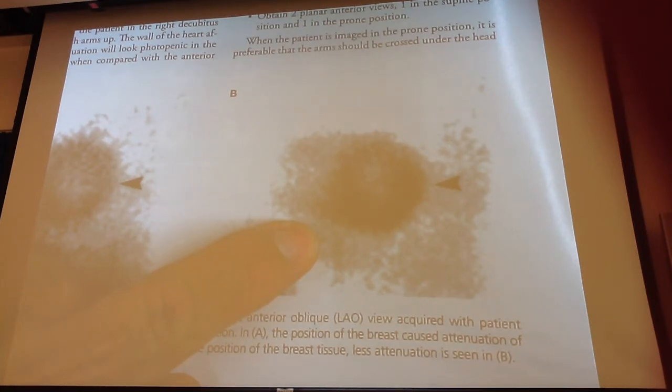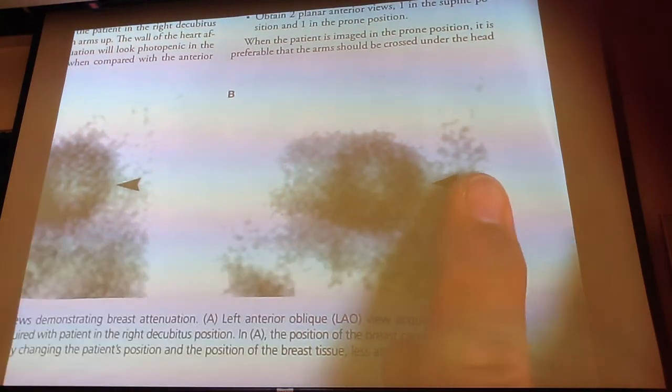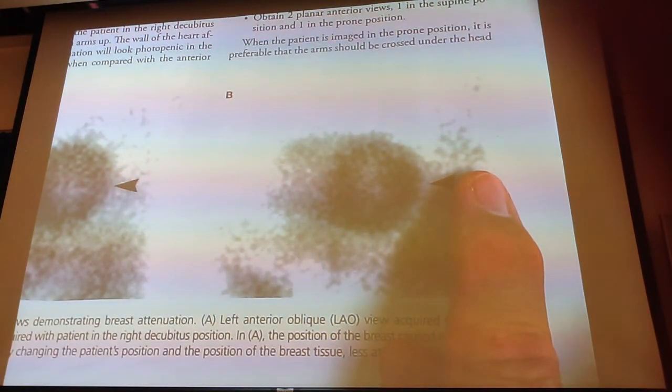That doesn't happen. The only time that would happen is if you screwed up. What sometimes happens is you do a stress test, you inject the patient, and it infiltrates, and you still do the imaging. Especially it happens when you do thallium.